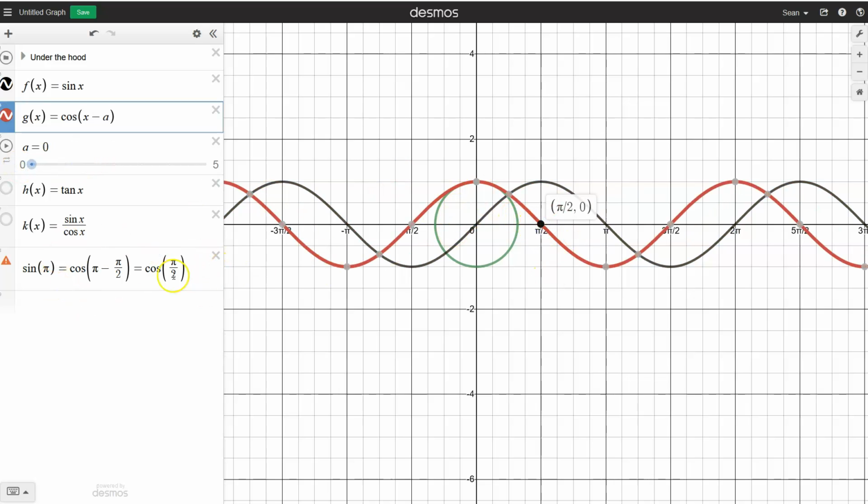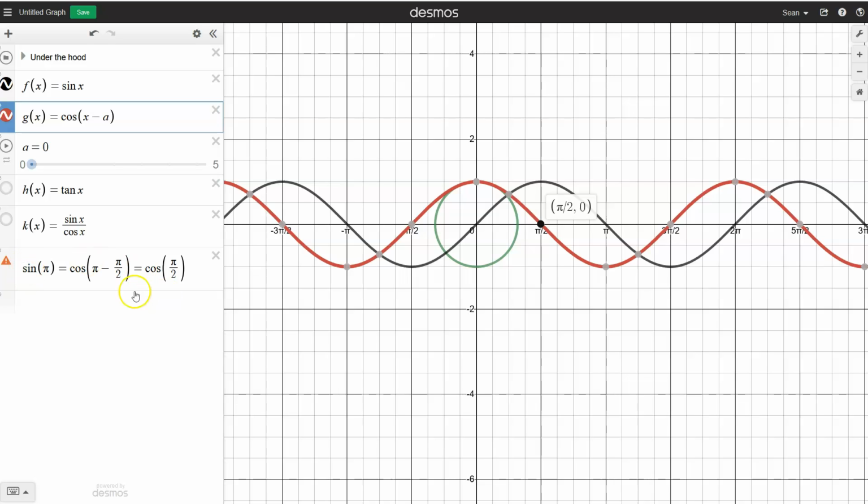And this is going to hold for every single value. So there are times, especially in calculus, when we would rather switch from talking about something in terms of sine to cosine. Anything we deal with waves, if we want to change, just like rewriting an algebraic expression, sometimes we'd rather write in terms of one function or the other. So this is one of those identities that we would use.